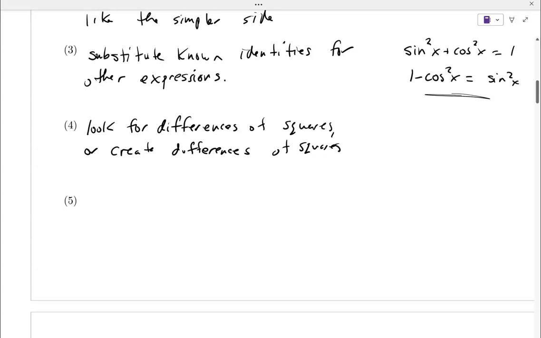Well, let me take you back to an example that you did back in algebra class, and then see how that ties into trigonometry class. What if you had something like 1 over 4 minus the square root of 3 in the denominator, and you were asked to rationalize the denominator? This is probably something you've done back in an algebra class at some point.